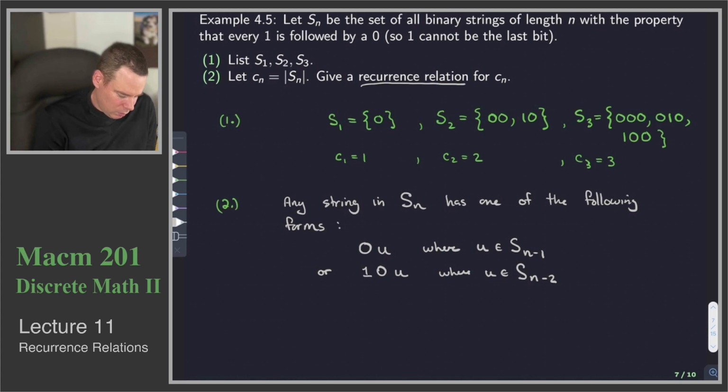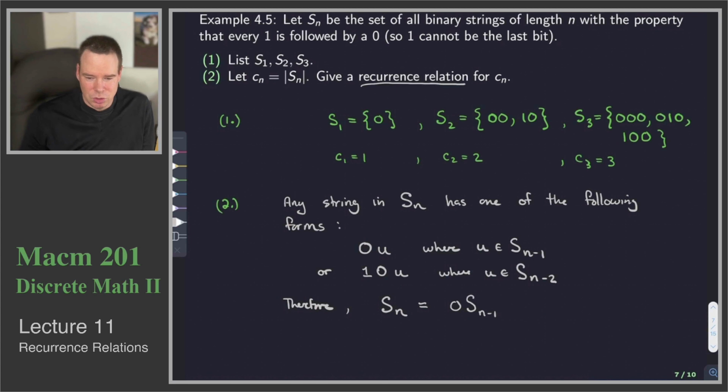Now from these two cases, typically I won't write down these sets, but I will in this example. I won't in the next one because we'll jump right to the counts. But the idea is that what we've just established is that the set S sub n, we've just written as a disjoint union. It's 0 appended to the front of any element of S sub n minus 1.